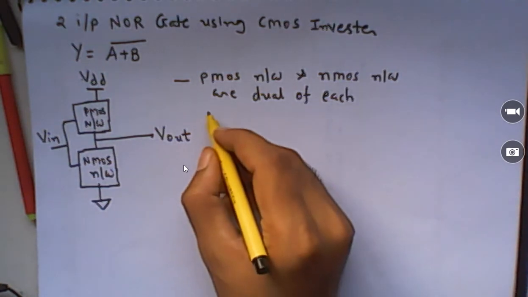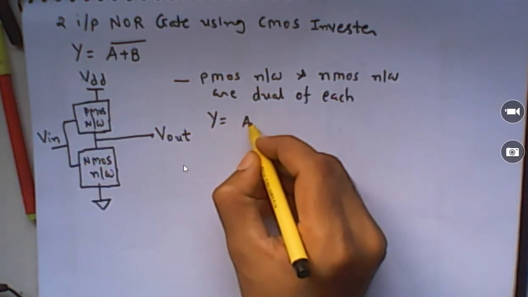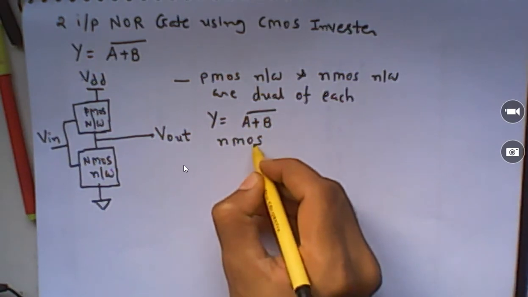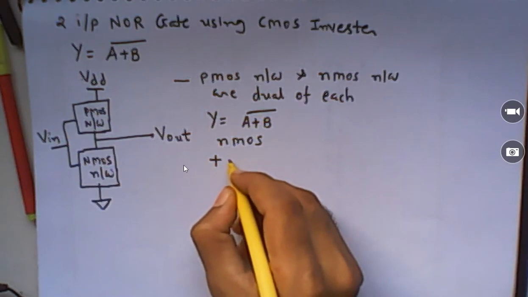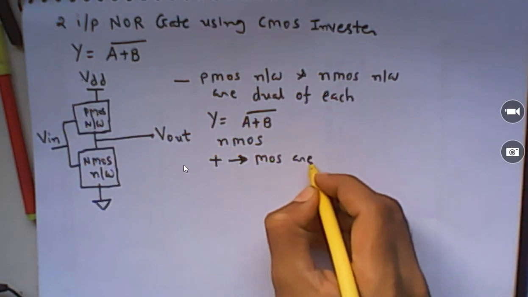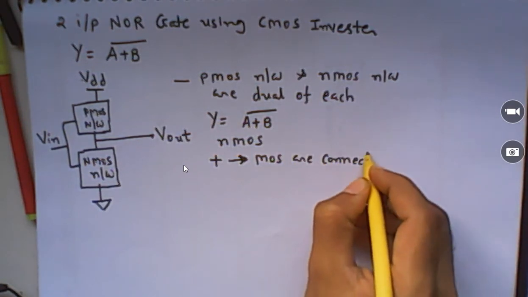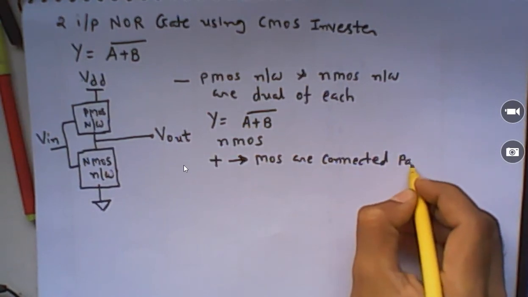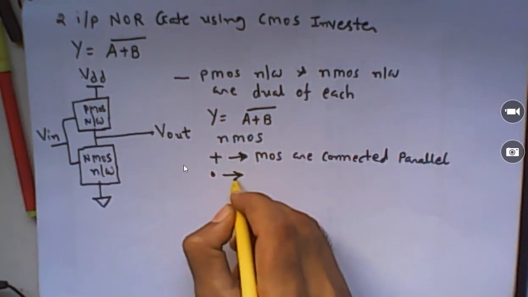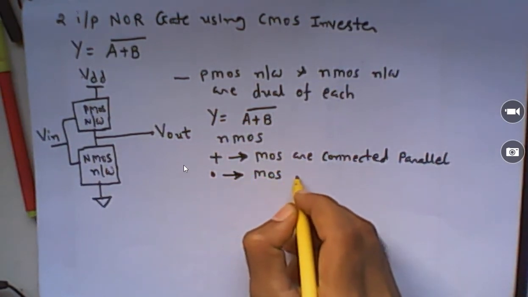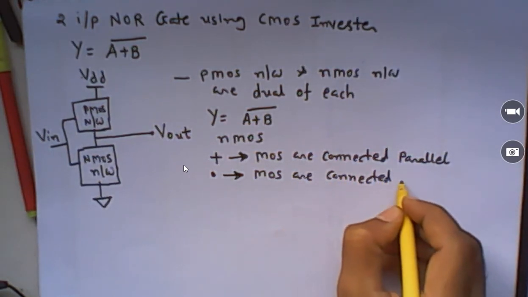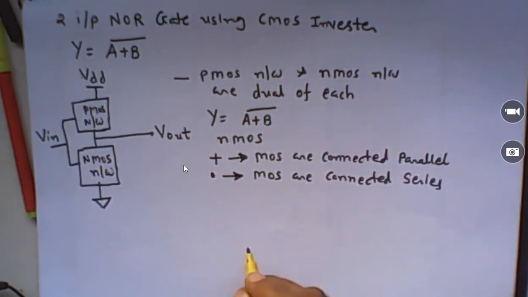So here we want to implement (A plus B) bar. For the NMOSFET, we already know that to implement the OR function, MOSFETs are connected in parallel, and to implement the AND function, MOSFETs are connected in series or in cascade, right?